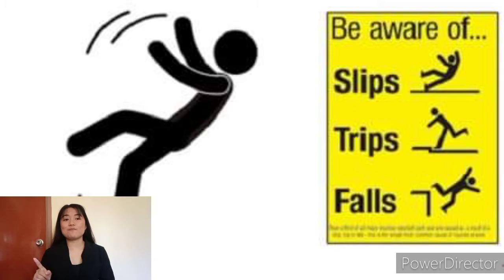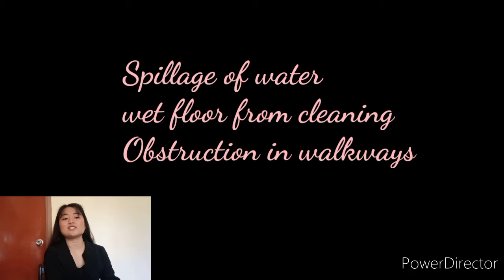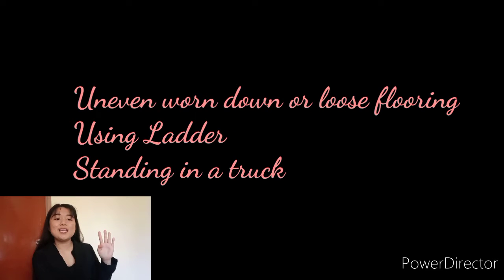Slip, trip, and fall hazards include floor contamination such as spillage of water, sauce, oil, and flour. Wet floors from cleaning, obstructions in walkways including trailing cables, boxes, crates, bins, cleaning equipment, and so on. Uneven, worn down or loose flooring.